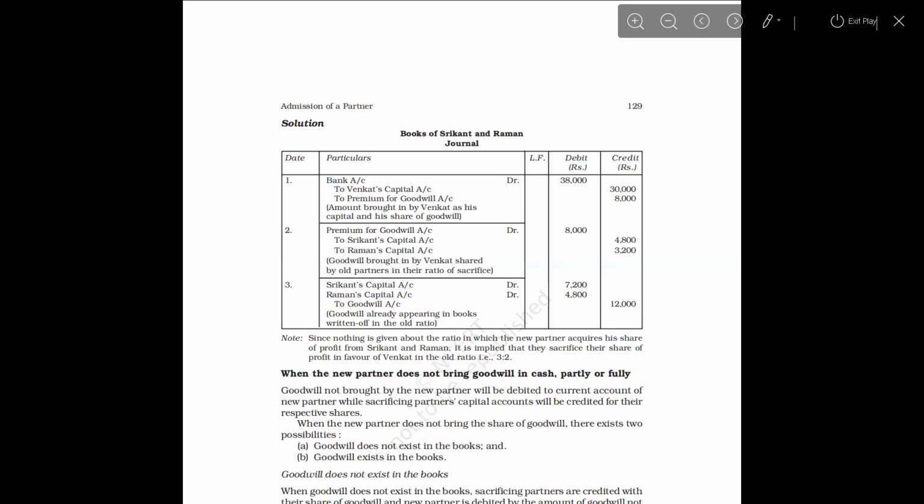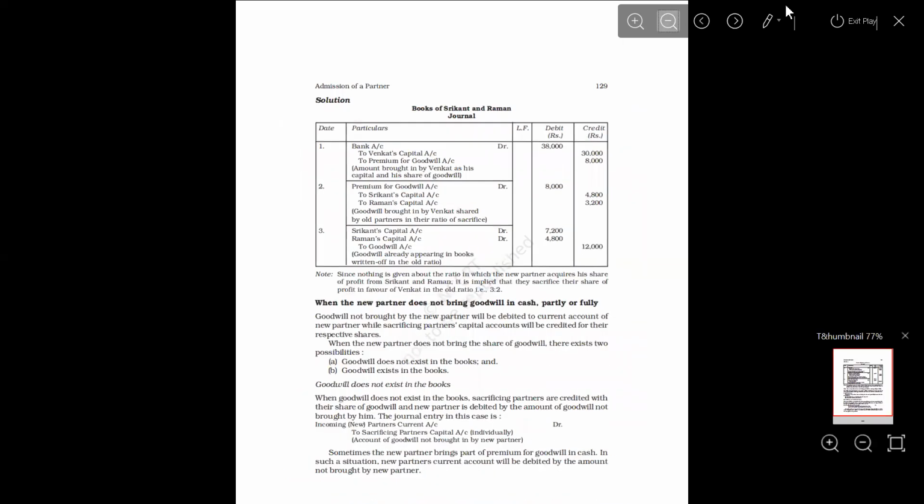When the new partner does not bring goodwill in cash, partly or fully, the goodwill not brought by the new partner will be debited to the current account of the new partner, while the sacrificing partners' capital accounts will be credited for their respective share.